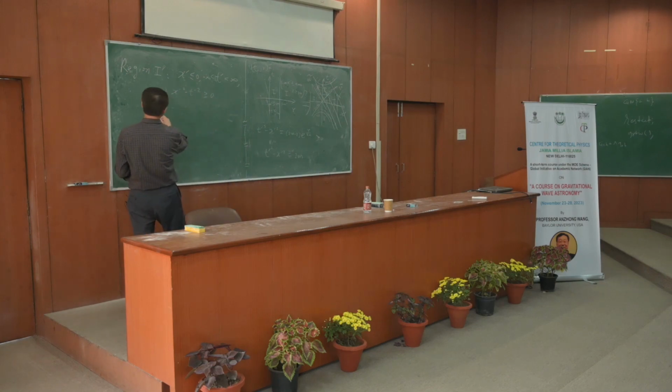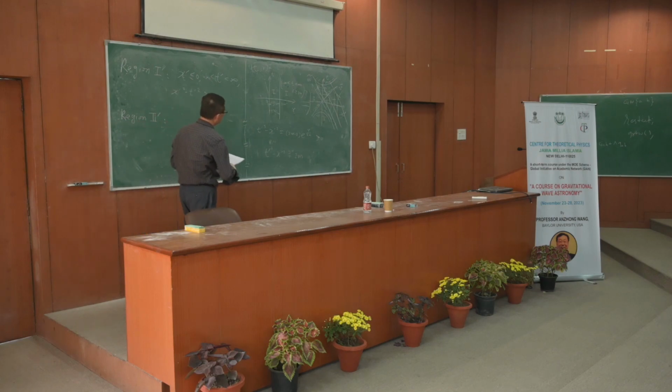So now we have also region 2 prime. Region 2 prime is this region here. I'm going to write here and then explain. So I got t prime from minus infinity to less than or equal to 0, and x prime from minus infinity to plus infinity.